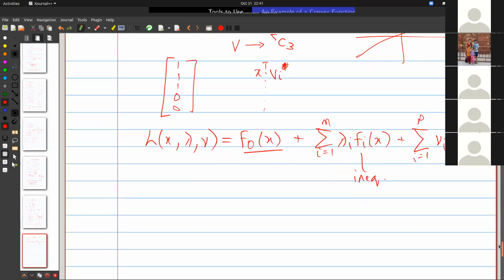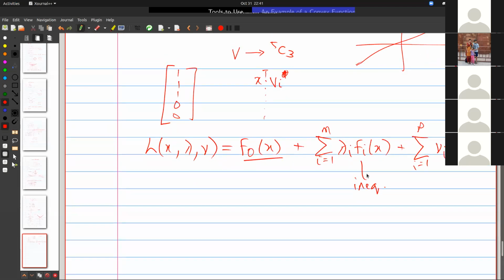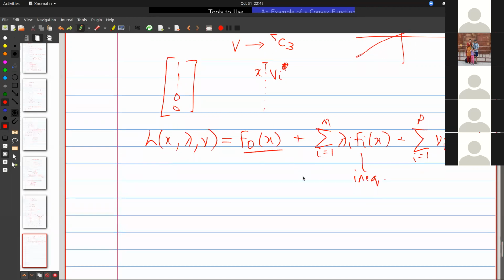Now notice that we define this to be our new objective. We haven't done that yet, but if we do that, then what we are basically implying is that we are penalizing ourselves for violating these constraints, but we are not completely ruling out the x if they violate these constraints.